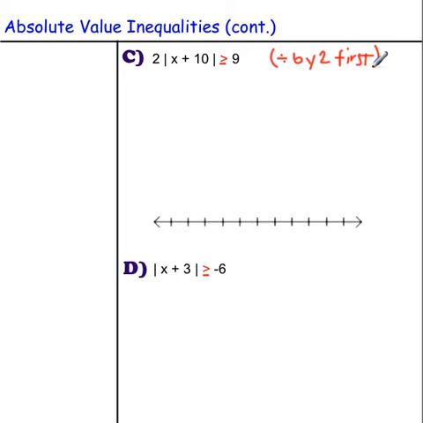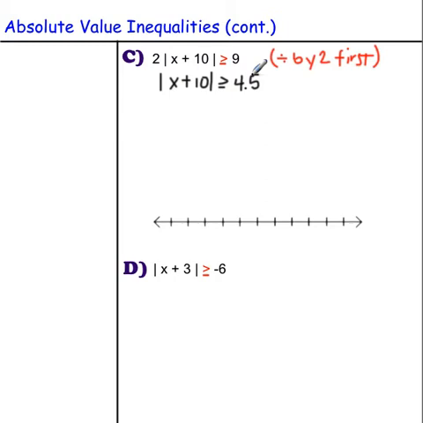which is what we need. So if we divide by 2 first, we end up with the inequality of the absolute value of x plus 10 greater than or equal to 4.5 or 9/2.